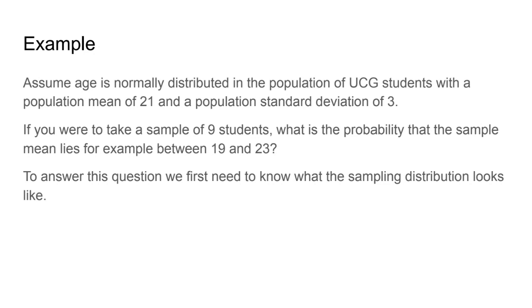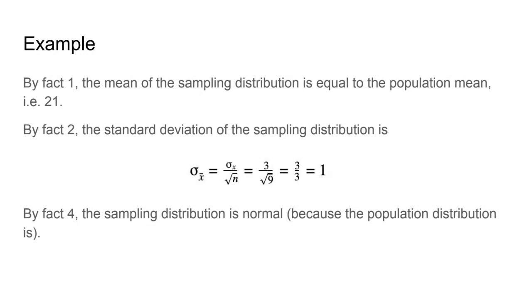So what does the sampling distribution look like? Well, we figure that out with the facts that we have been discussing before. Fact 1 tells us that the mean of the sampling distribution is equal to the population mean. The population mean is 21, so the mean of the sampling distribution is also 21. Now, fact 2 tells us that the standard deviation of the sampling distribution is equal to the population standard deviation, divided by the square root of the sample size.